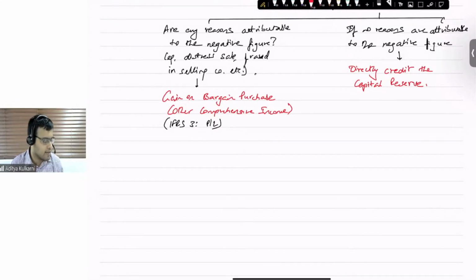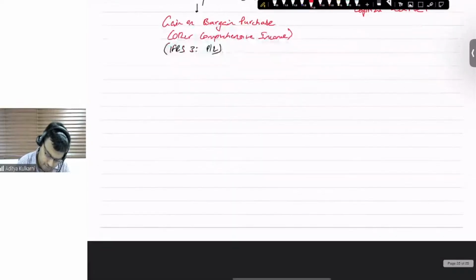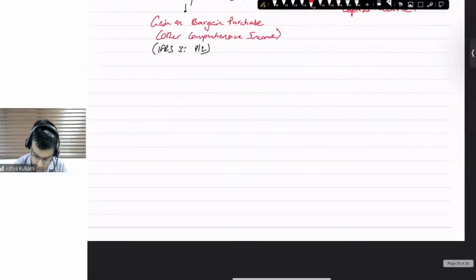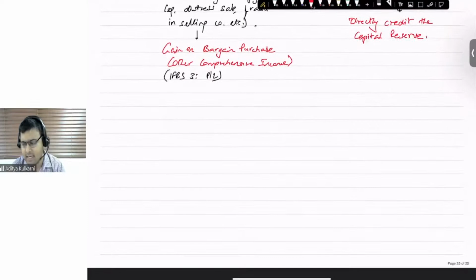Okay, so that takes care of the 6 steps. Now coming to certain special adjustments. Have you guys studied deferred tax, Ind AS 12? I don't think this batch has done Ind AS 12, right? I am not very sure.